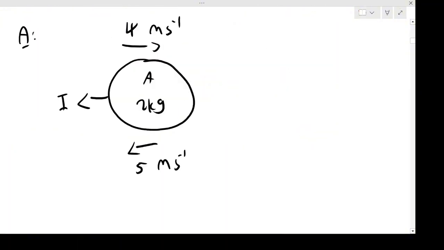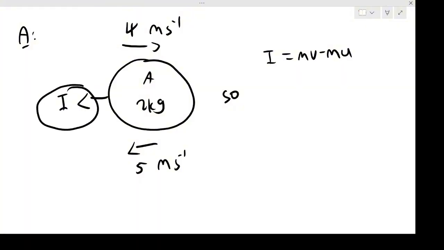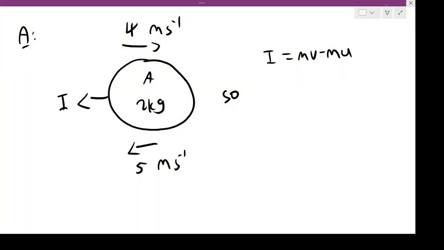Now, to find the impulse, again, impulse is mv take away mu. So in this case, this is going in the negative direction. Remember, it's going backwards, forwards is positive. So like with our speed, we need to negate in the negative direction.